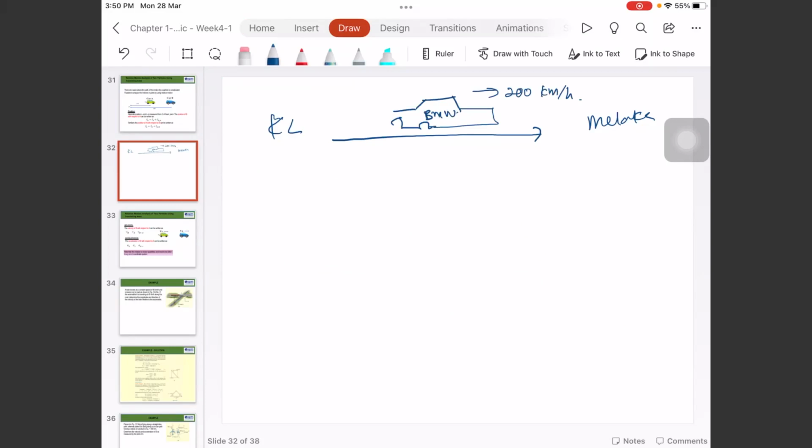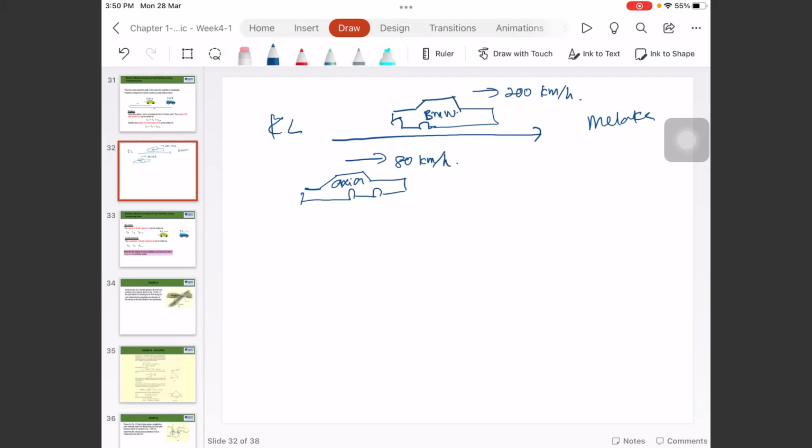Kemudian satu lagi kereta bergerak dengan laju, ini kereta Asia, 80 per hour. Okay, so apakah relative motion between these two car?